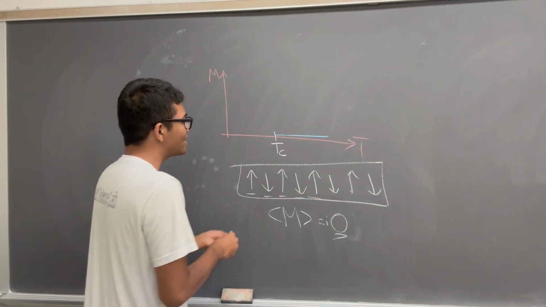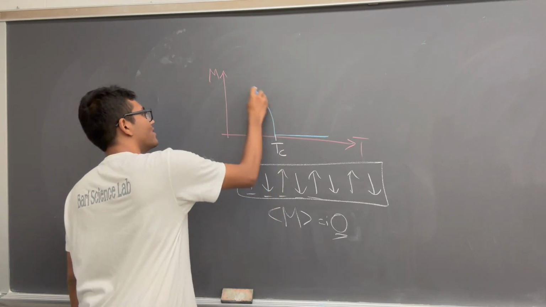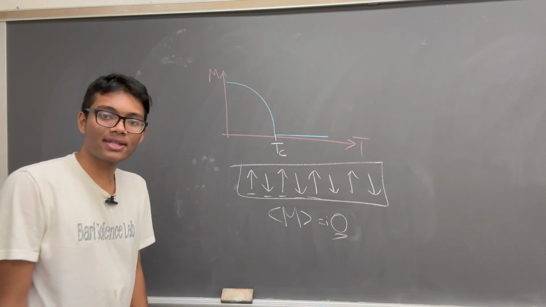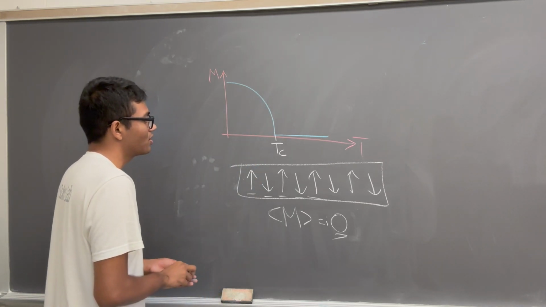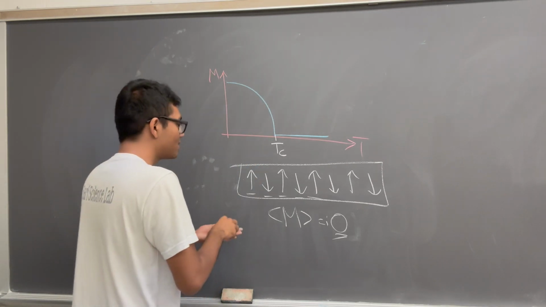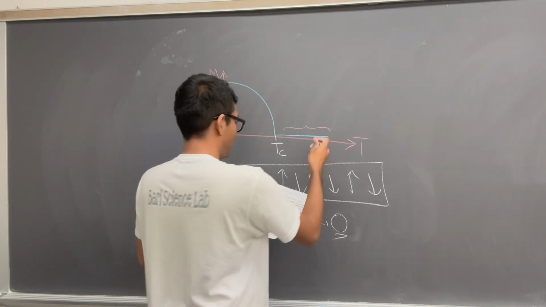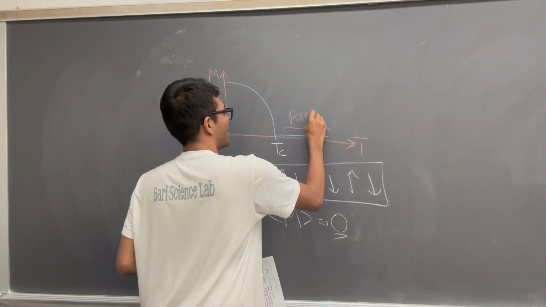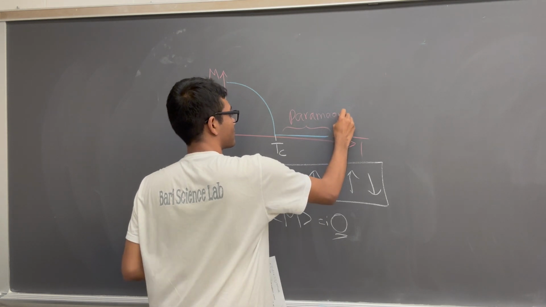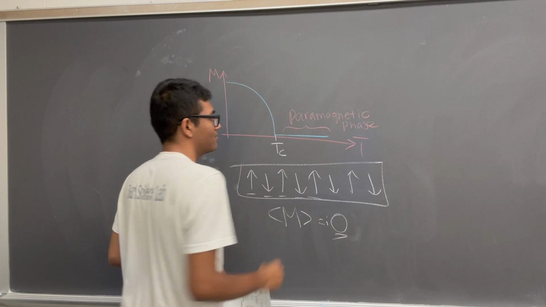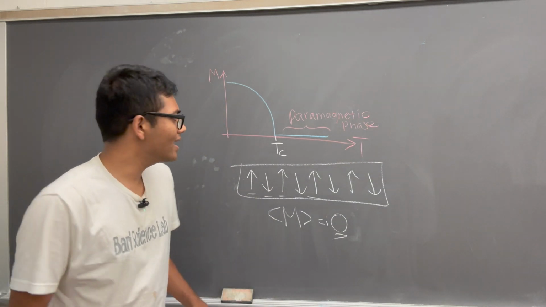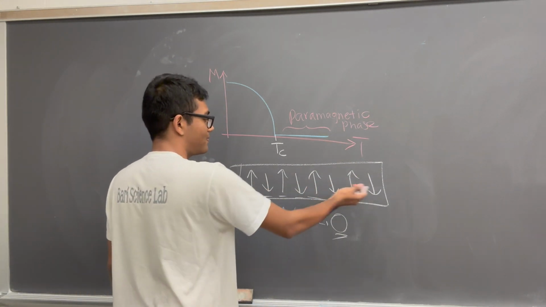But below that critical temperature T sub C, the net magnetization looks something like this. Okay, and this is a very interesting shape. What does it show? Well, first of all, let's deploy some terminology here. The paramagnetic phase of our spin system. And in that paramagnetic phase, we have no preferred spin direction, right?